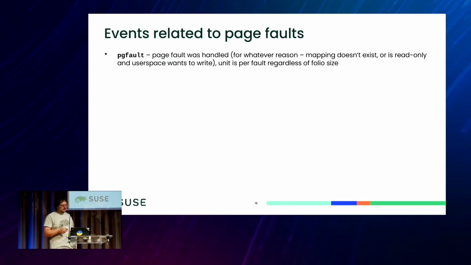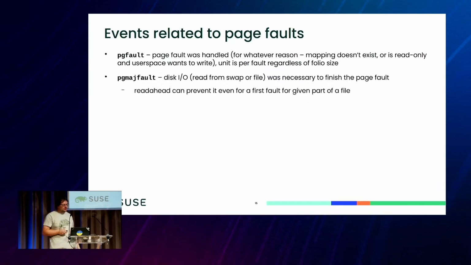So more larger folios means more effective page faults. So it makes sense that the number will then be lower for the same amount of memory.